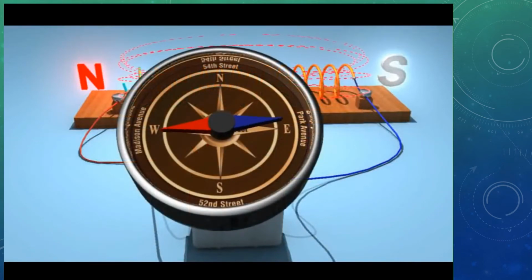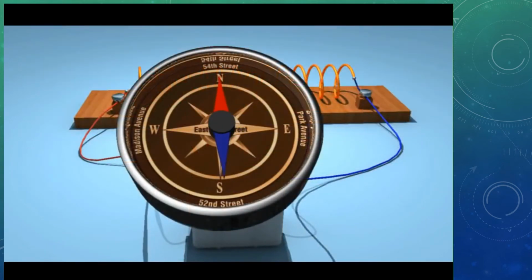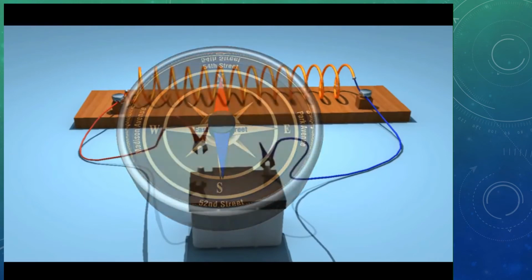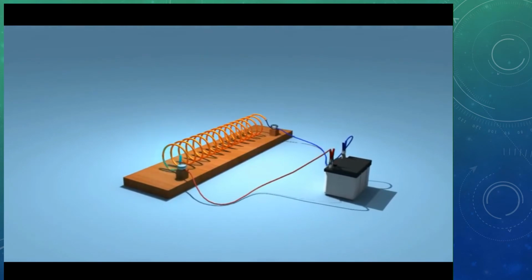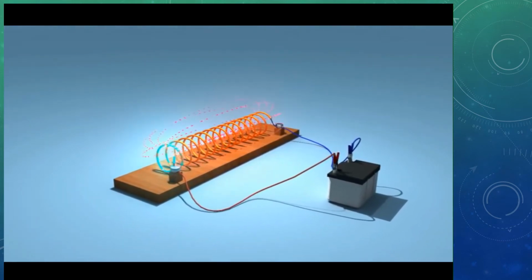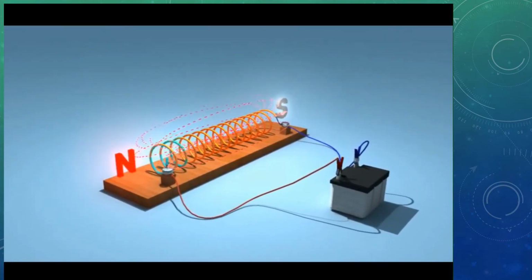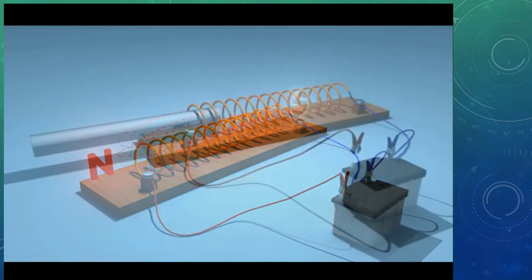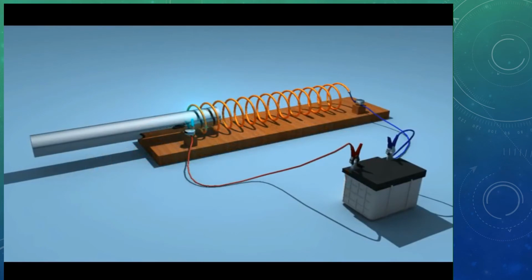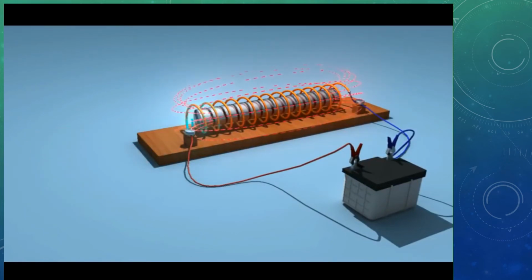If we suspend this current-carrying solenoid freely, it rests pointing north and south, just like the suspended magnetic bar does. It shows that on passing electric current, the solenoid turns to a magnet having north and south poles. When we take a piece of soft iron inside this coil, the iron piece is pulled inside.